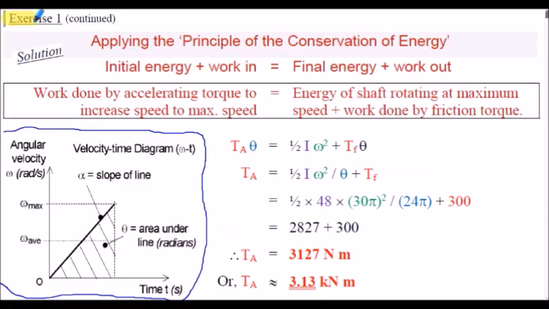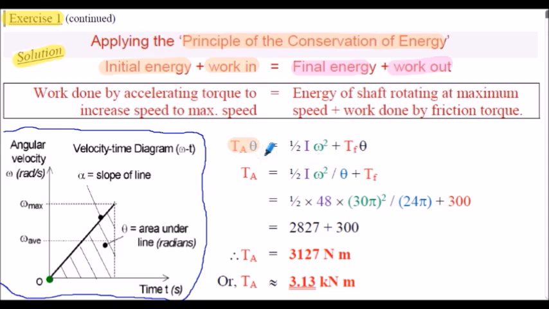So exercise 1, solution continued here. Let's apply the principle of conservation of energy. Initial energy plus work in is equal to the final energy plus work out. As the shaft starts from rest, there will be no initial kinetic energy on the left hand side, but there will be work into the system because we're accelerating the shaft. So I've called that T_A times theta in this case.